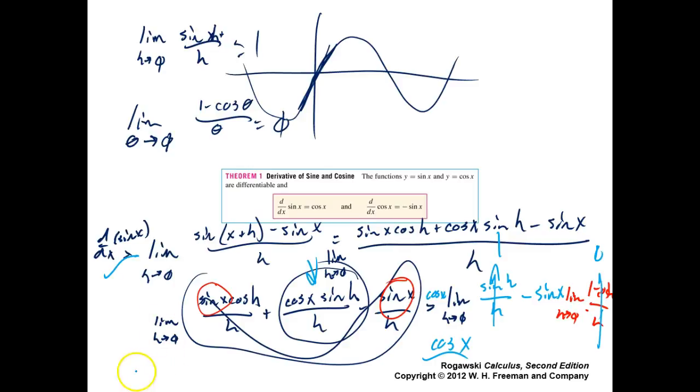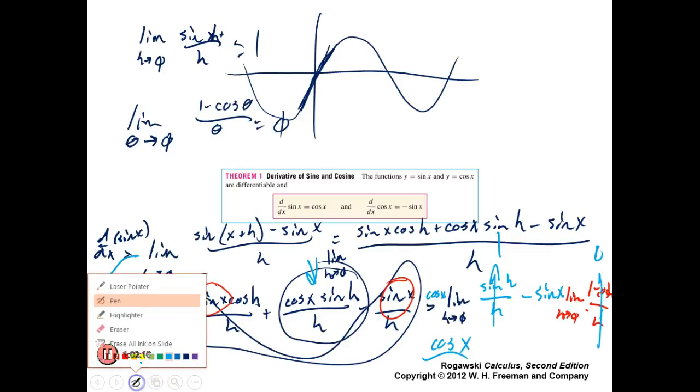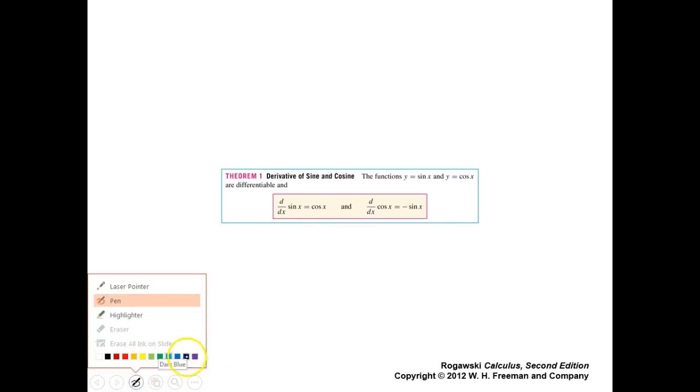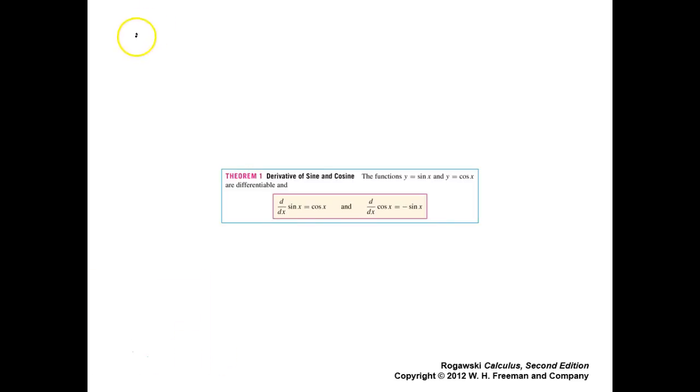Okay. So let me erase all that. And let's do, I'm going to start back with dark again. Okay. Derivative with respect to x of cosine x, dx, be the limit.